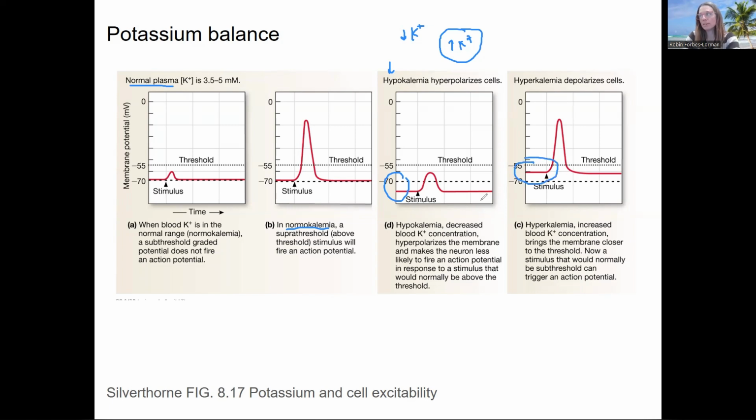The opposite of our hypokalemia. So a stimulus would cause an action potential more easily. We have more excitability. However, what happens over time is cells aren't able to repolarize fully, and we have action potentials that are smaller or non-existent. So this results in long-term changes that are a little bit different.